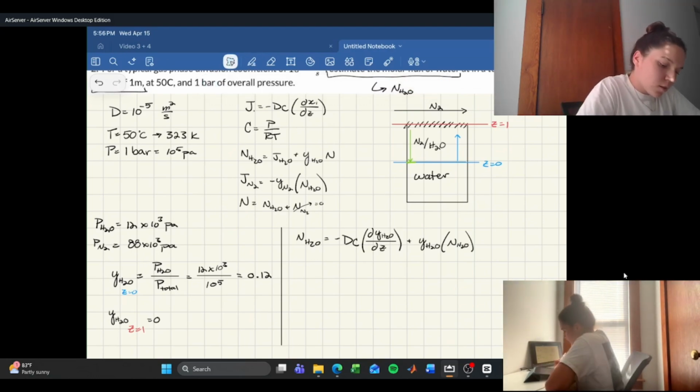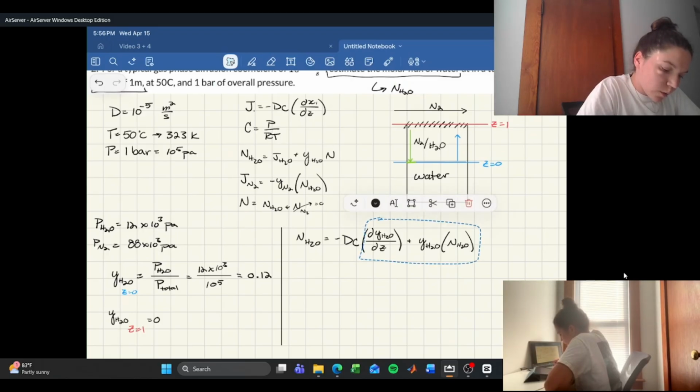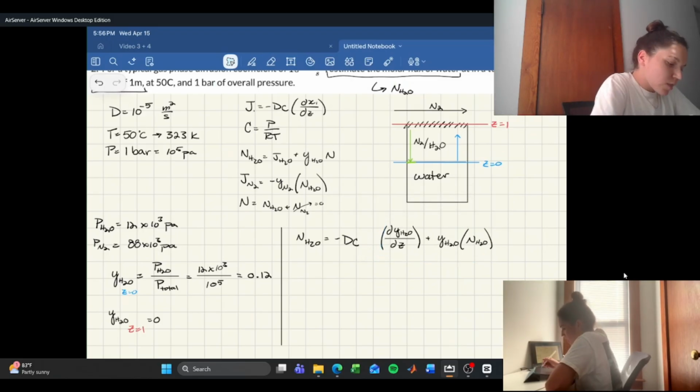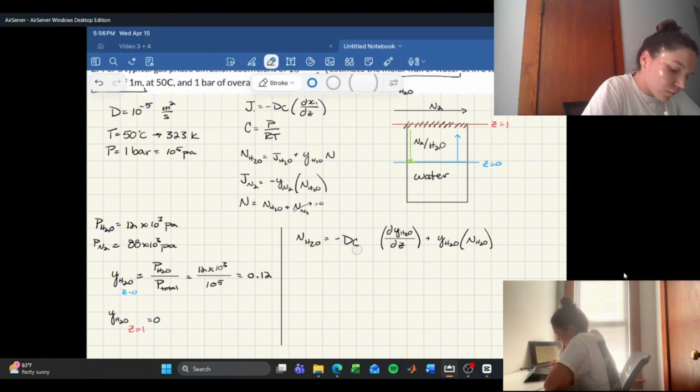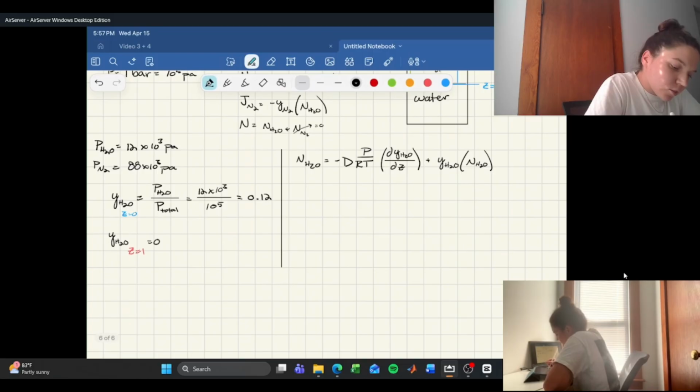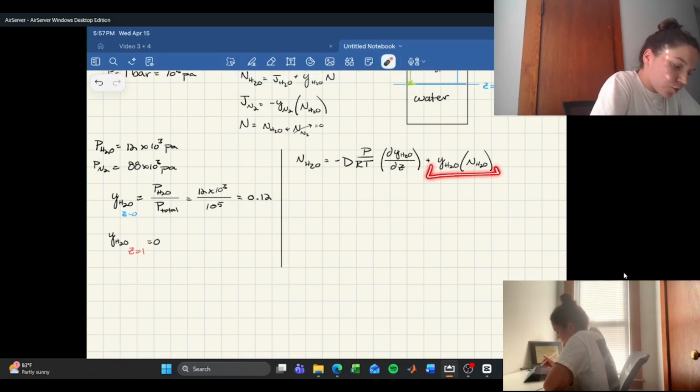And then let me move all of this over real quick because the concentration is going to be pressure over ideal gas constant times temperature. So now I can subtract this term over.